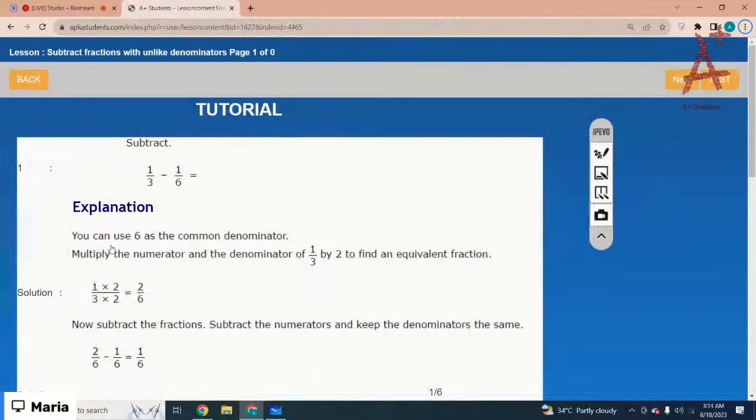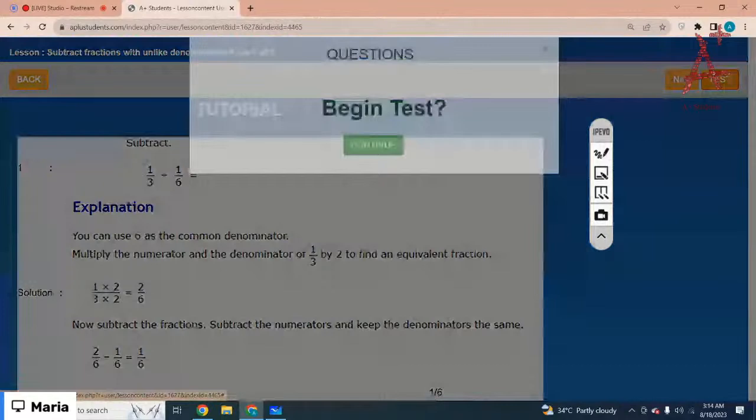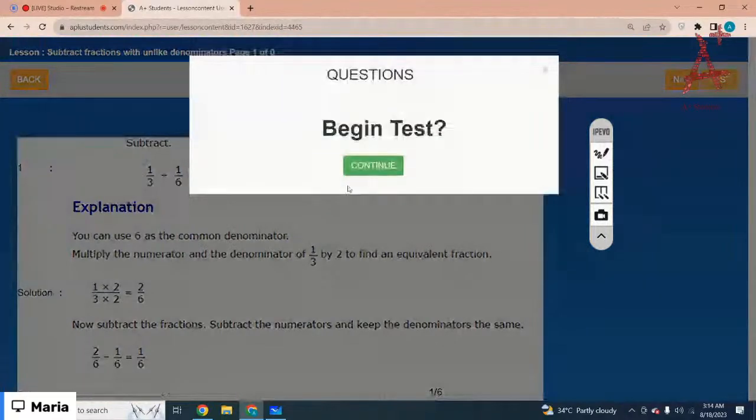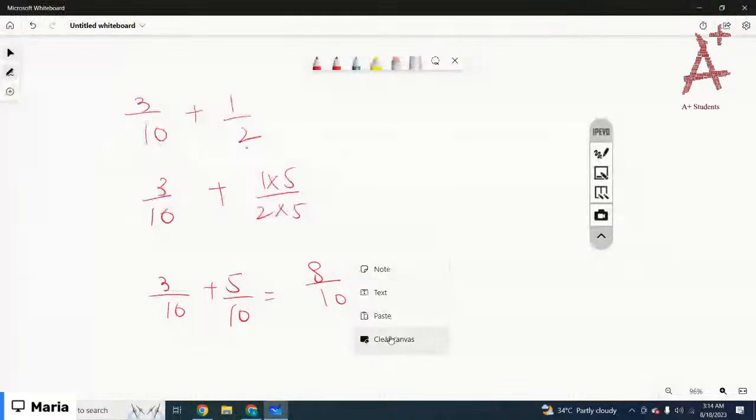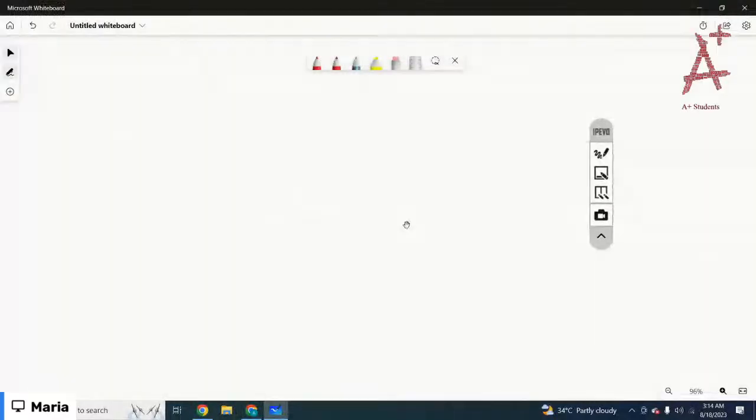Let's just start with test questions. 1 over 3 minus 1 over 6. Okay, so first of all, you have to make the denominator the same. Here you have 3 and here you have 6. 3 times 2 makes 6. So you can multiply this fraction by 2.